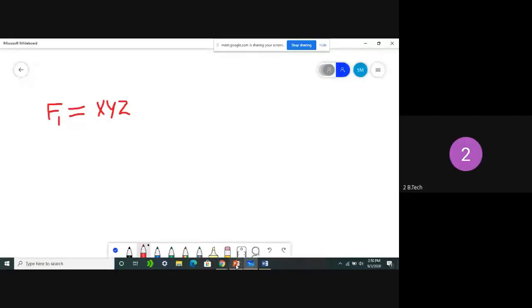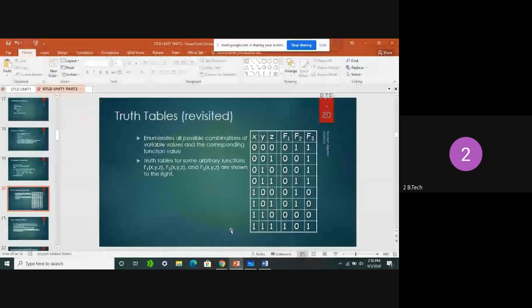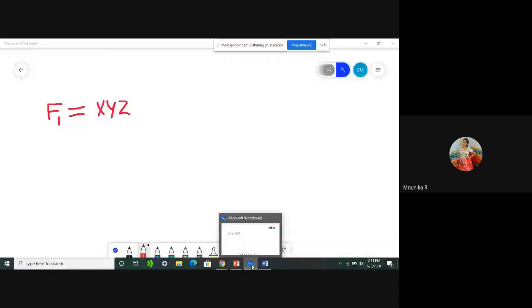Yes, sir. Why? Because F1 is 1 only when x equals 1, y equals 1, z equals 1. That is the reason I represent these three as product terms. If you take x into y into z, if all terms are 1, then F is represented with the help of AND logic. Clear, all of you? So if x equals 1, y equals 1, z equals 1, what is the F1 value?